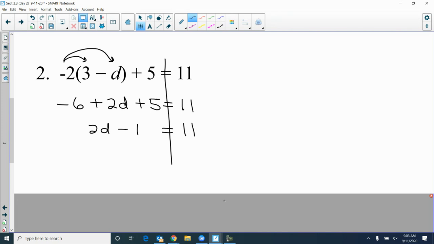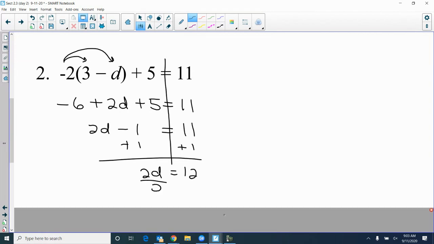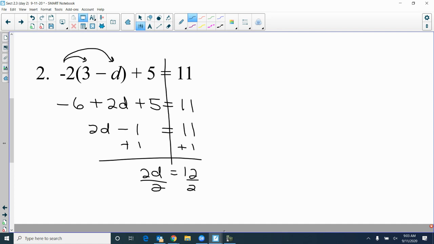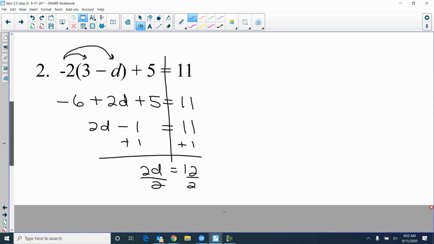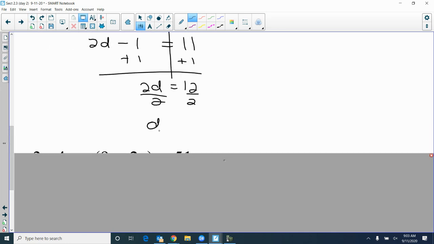Then you do +1 on both sides. Add 1, add 1. I get 2d equals 12. Divide by 2, and d equals 6 for my answer.